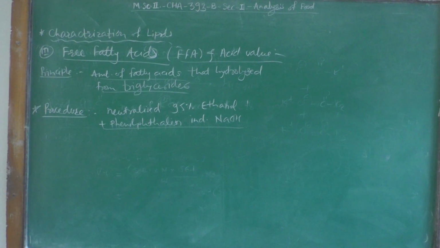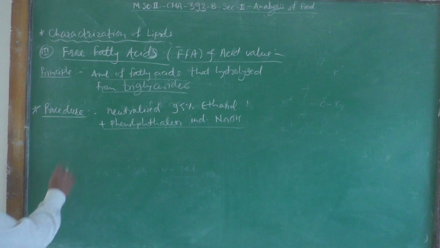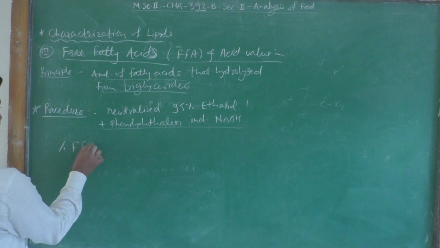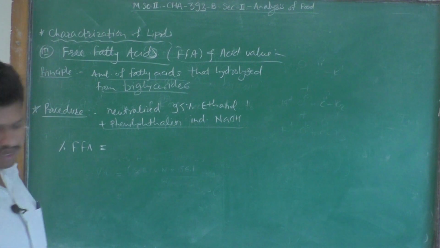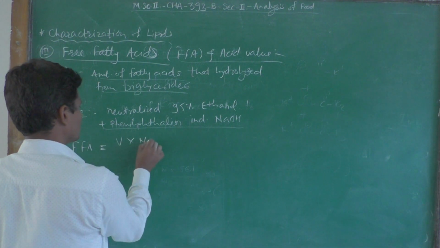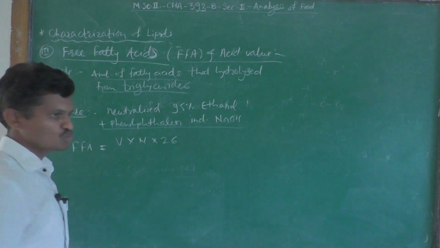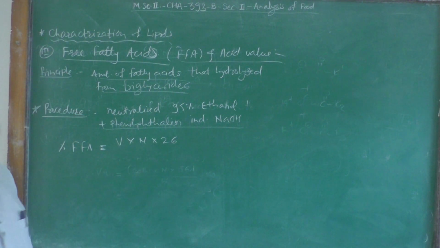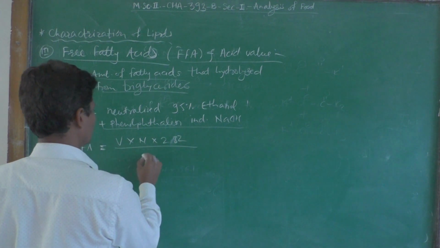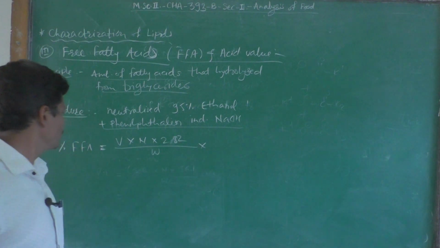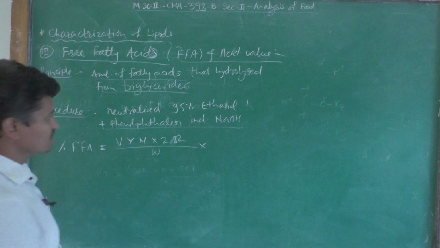The acid value can be calculated by percent FFA, percent free fatty acids, equal to V into N into 282 divided by W into 100.